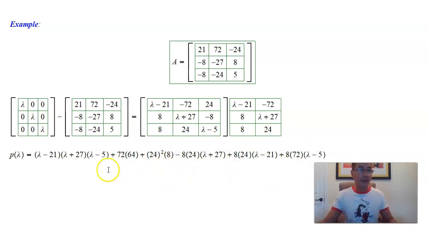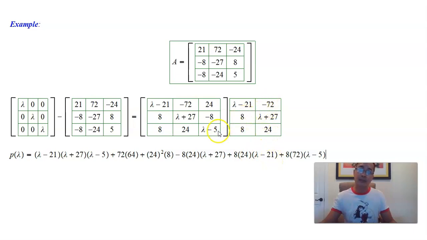Okay, so let's just double check. We have these three together, and then that's a positive contribution, 72 times 64. Positive also, 24 squared times 8. Okay, now go backwards. There's a minus 8 times 24, and 27. Minus also, but there's a minus 8, so it's plus 8 times 24 lambda minus 21.